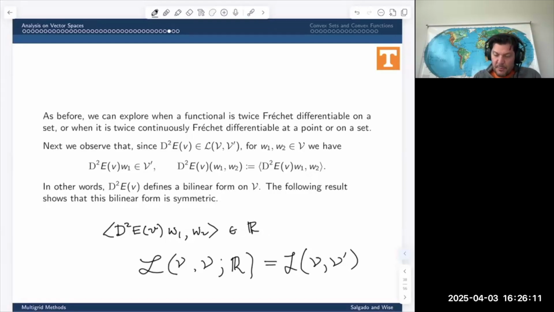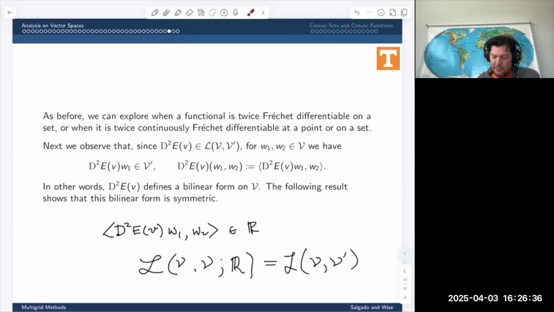It turns out that these two spaces are essentially identifiable with each other. So on one hand, we have bounded bilinear operators into R, and then this weird function space from where we normally expect the second derivative to exist.